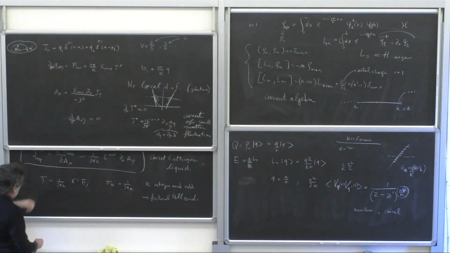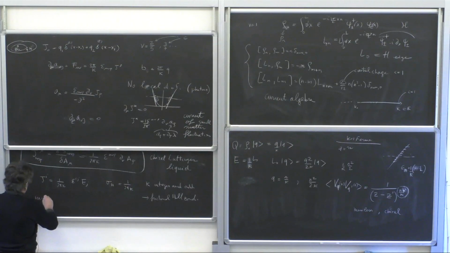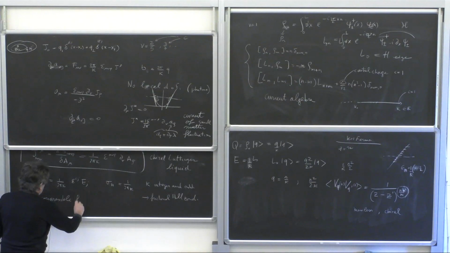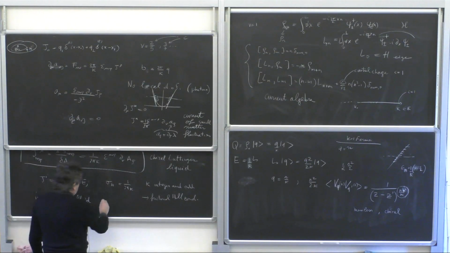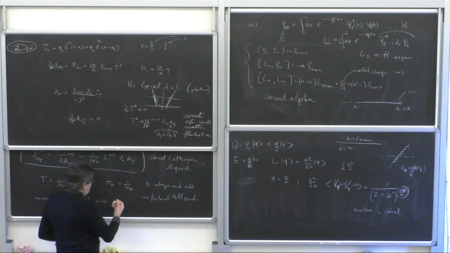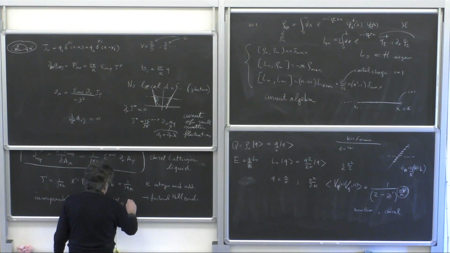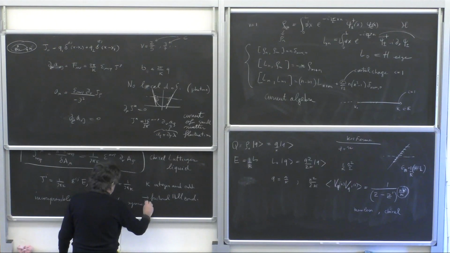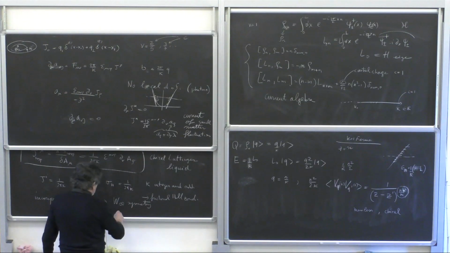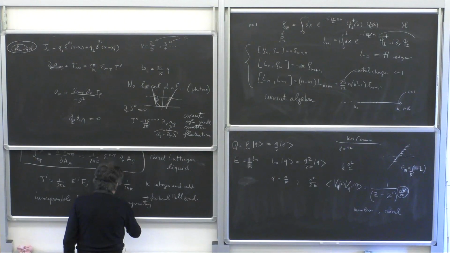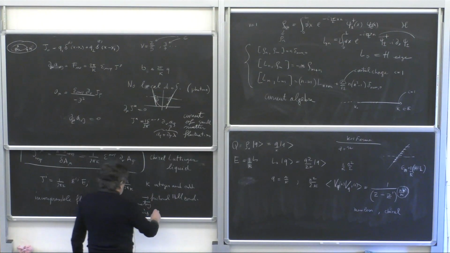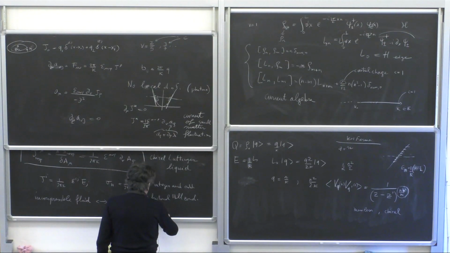So, in fact, the incompressible fluid is associated to a larger symmetry, which is called W infinity symmetry, or also area preserving diffeomorphism.